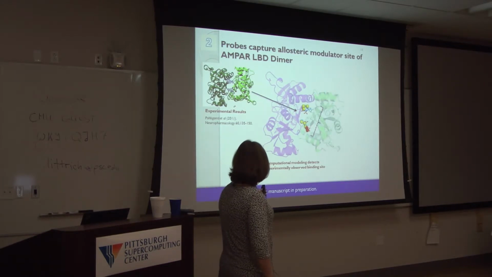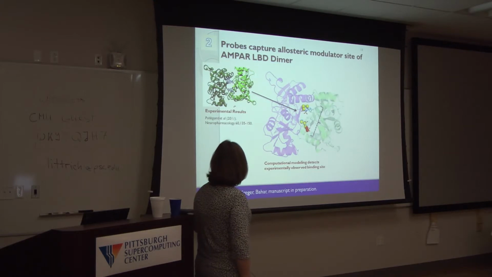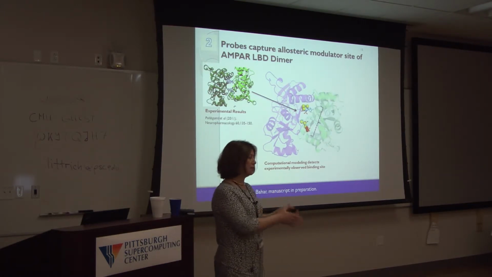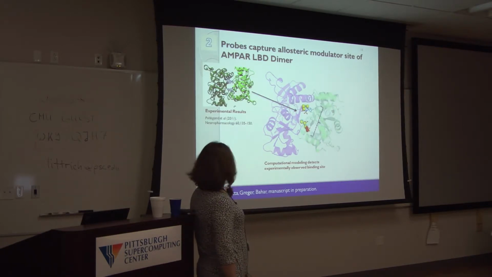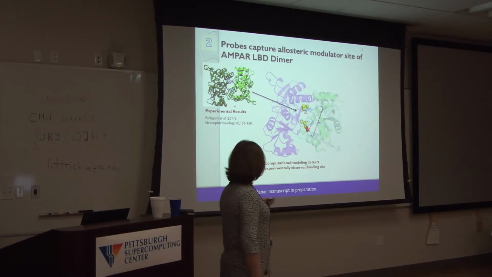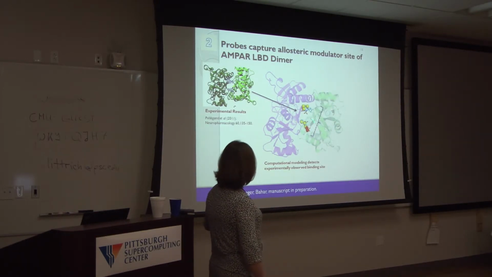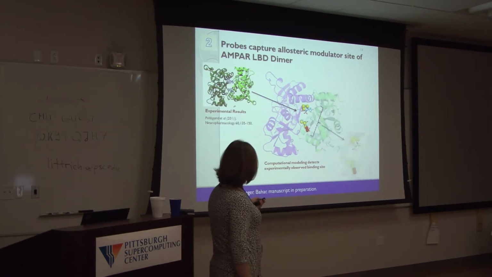These are from some studies that are in progress, actually. I'm not going to go into the details, but it shows an example where, experimentally, we know that this region, which is quite buried, between the two dimeric portions of an AMPA receptor, binds small molecules, and we can identify in our simulations that it is indeed one of the most probable hotspots.